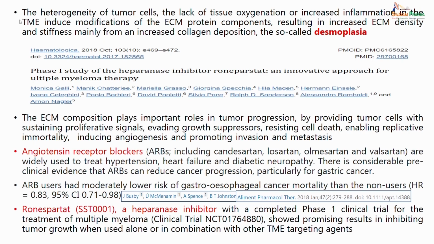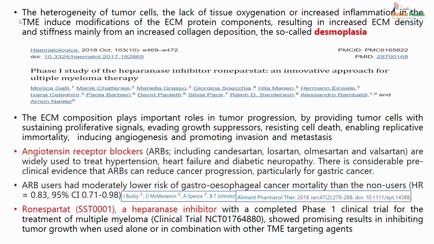This property is called desmoplasia, which is very common in a late stage tumor. Now, there are several studies, especially the one which we have highlighted here. This is a study which was done on multiple myeloma, which talks about a heparanase inhibitor called roneparstat, which was found to be effective in this multiple myeloma therapy.